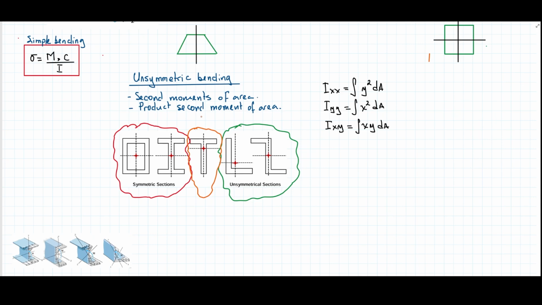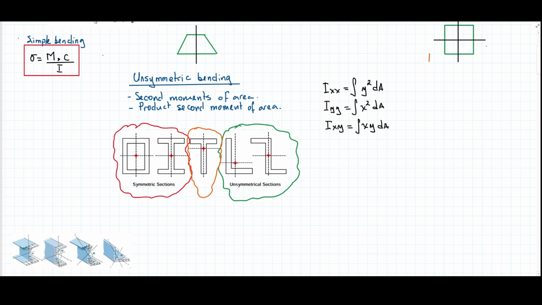Yeah? Then one of the things with symmetric sections is that the planes of symmetry of symmetric sections are equivalent to the principal axes of the whole geometric definition of what we're describing here.